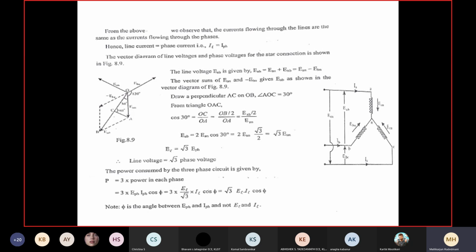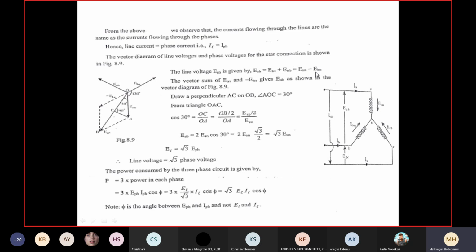What did I get finally? The voltage between any two lines, like A and B, EAB, is the vectorial difference of phase voltage A and phase voltage B. It is written as EAN vector, which is downward here, correct? Where is EBN? EBN is here, on the right side, upward, tangential.